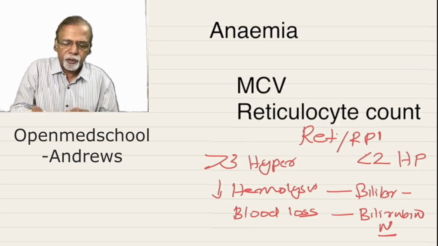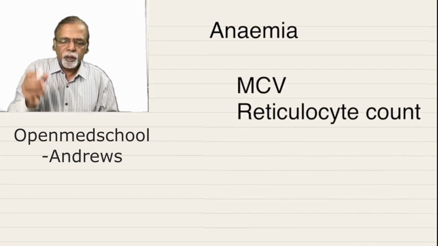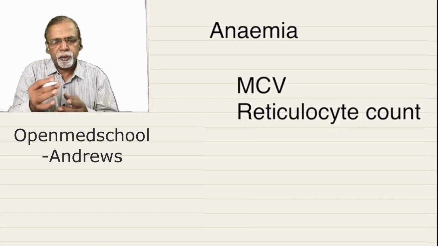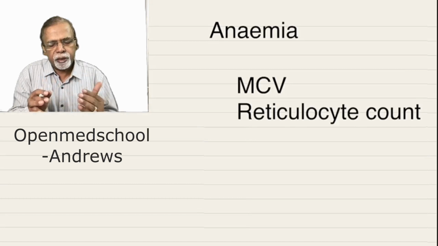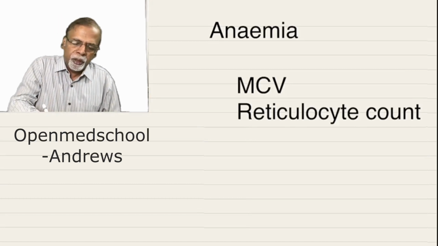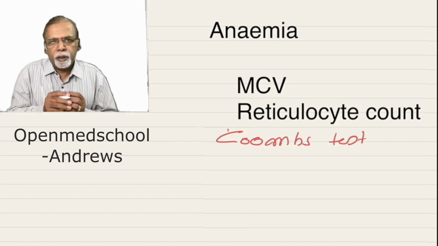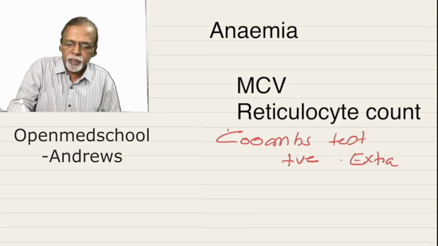Now, when you identify that there is hemolysis, there are other tests also, but here just by looking into the retic count and MCV, you go for the Coombs test. When the Coombs test is positive, it means it is extracorpuscular, that is, the problem is outside the RBC.